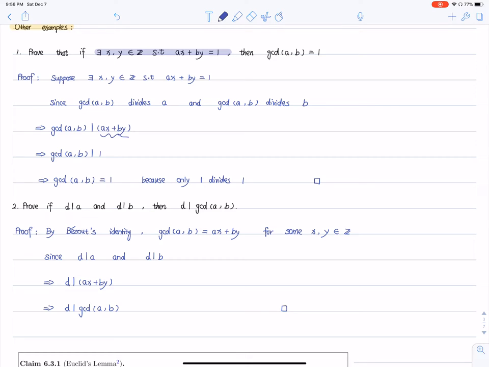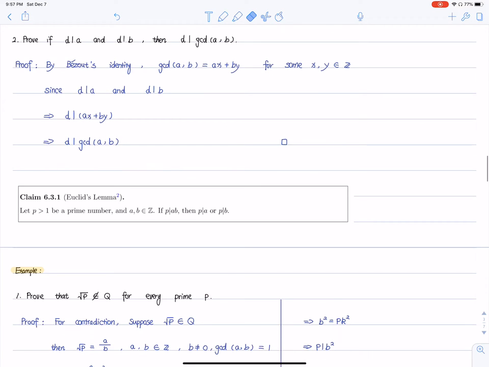Since GCD of A, B divides A and divides B, it should divide AX plus BY, which is just 1. So GCD of A, B divides 1, and we know that only 1 divides 1. Therefore, GCD of A, B will just be 1. And that's the end of our proof.